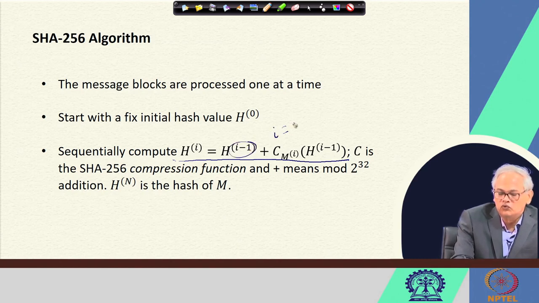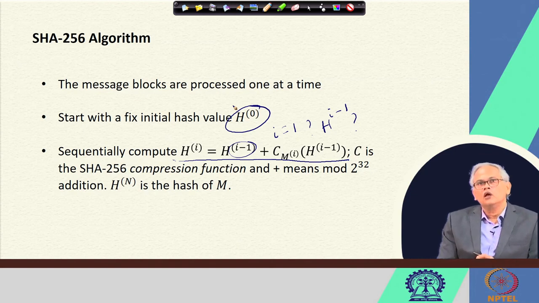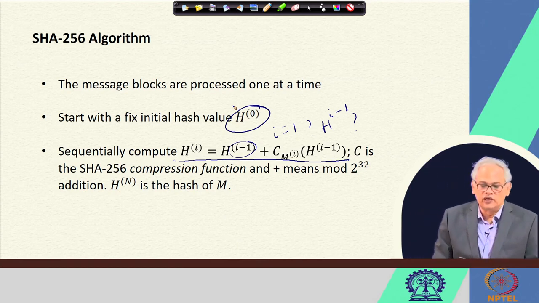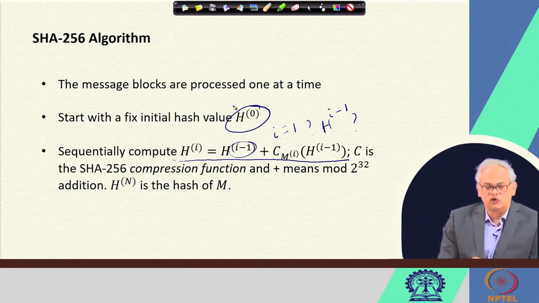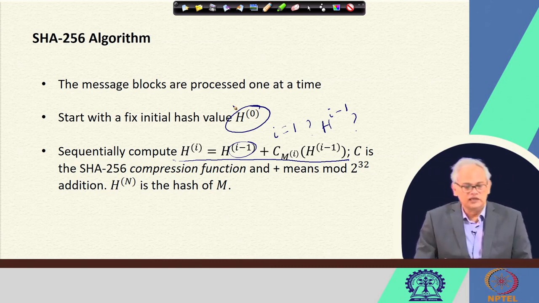When i is equal to 1, what is the value of Hi minus 1? That is what is denoted here as H0. So, we consider a fixed initial hash value H0, and then we sequentially compute Hi using this particular formula. What is C here? C is the SHA-256 compression function, and plus means modulo 2 raised to the power 32 addition, and Hn is the hash of M.